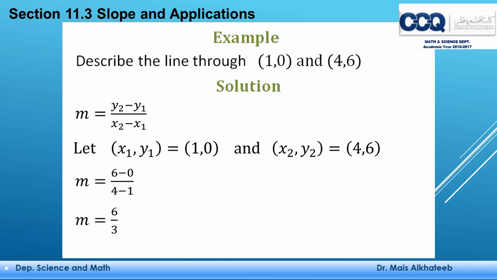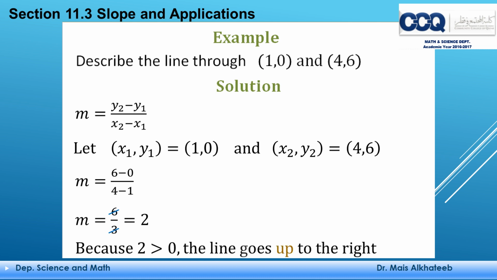I will get 6 over 3 is 2. okay السلوب هون طلع معي positive. ال 2 أكبر من الزيرو positive. then the line goes up to the right, upward to the right.